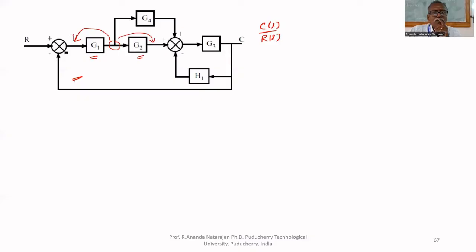Suppose you want to move to the left side, what will happen? The signal going to this G4 is already multiplied by the transfer function G1. If you shift that, it will not be multiplied by G1. Therefore, we have to multiply by G1.